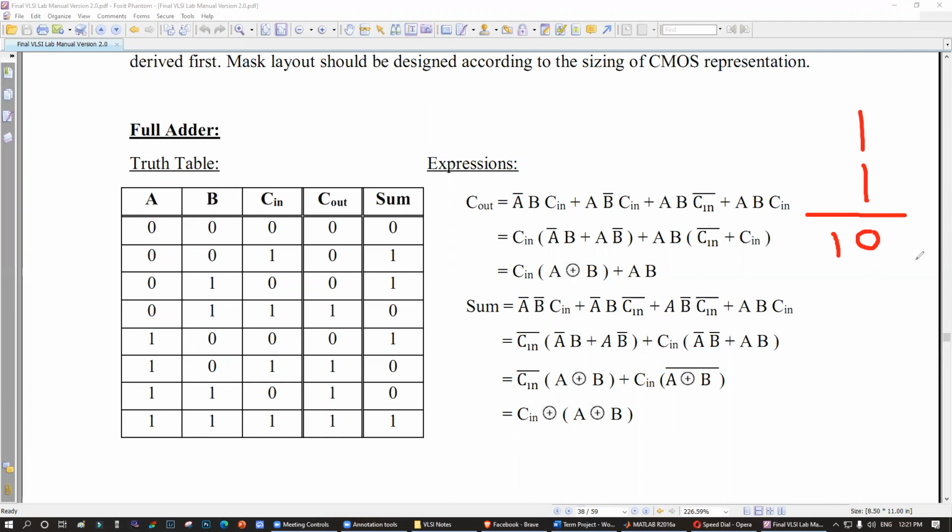So 1 0. 1 plus 1 gives 2, and 2 means 1 0. So this 0 is the sum, and this 1 that stays in our hand is our carry. Got my point? Yes, sir. Okay, so this addition is the half adder operation because you have only 2 inputs. Why do we need a full adder?